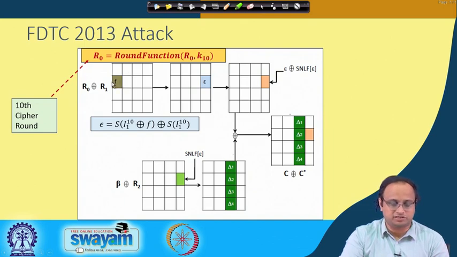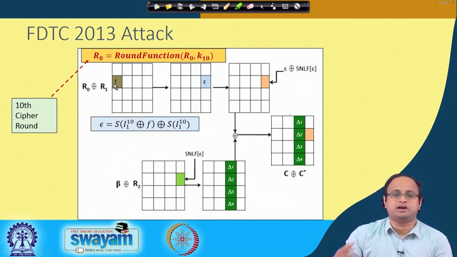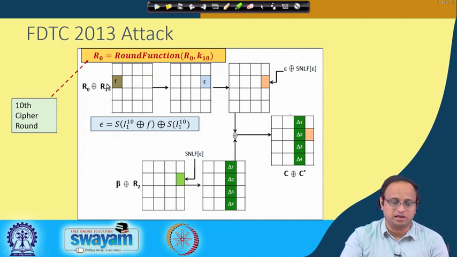If I take the correct state as I110, then because of the fault it becomes I110 XORed with F. Considering both the correct execution path and the faulted execution path, the differential at the output of the S box is captured by epsilon, where epsilon stands for S of I110 XORed with F, XORed with S of I110.